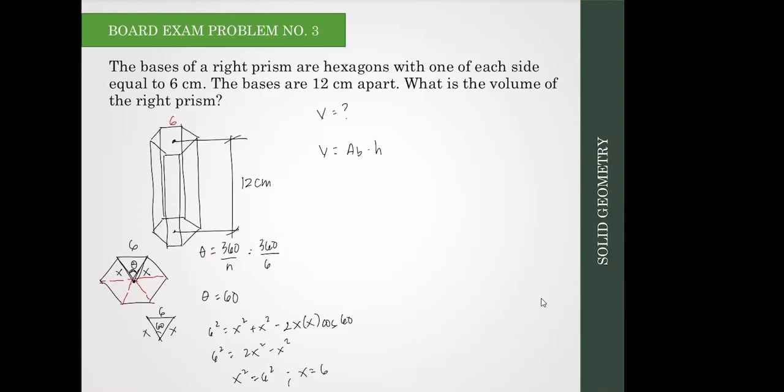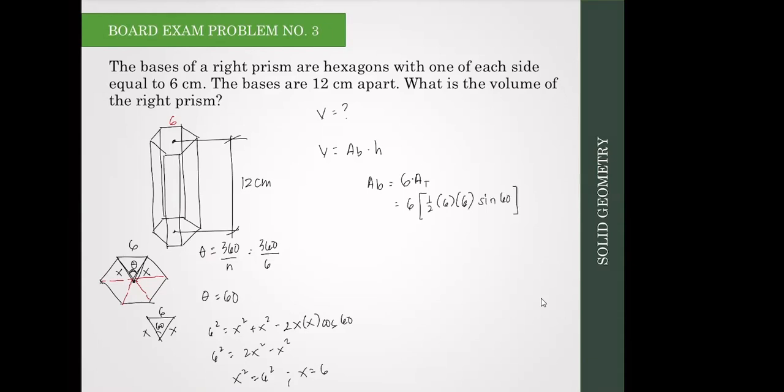Okay? So, once na meron na tayo nun, kunin natin yung area ng base. Ang area ng base natin will be yung area natin ng triangle times 6, kasi 6 triangles yun. So, we have 6 times yung area natin. Pag meron tayong triangle na ganyan, we can use yung 1/2 times yung value ng x natin, which is 6, times 6 sine of 60.